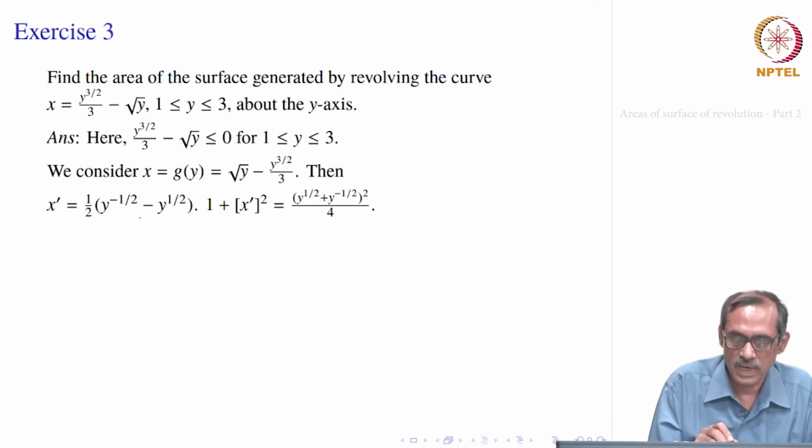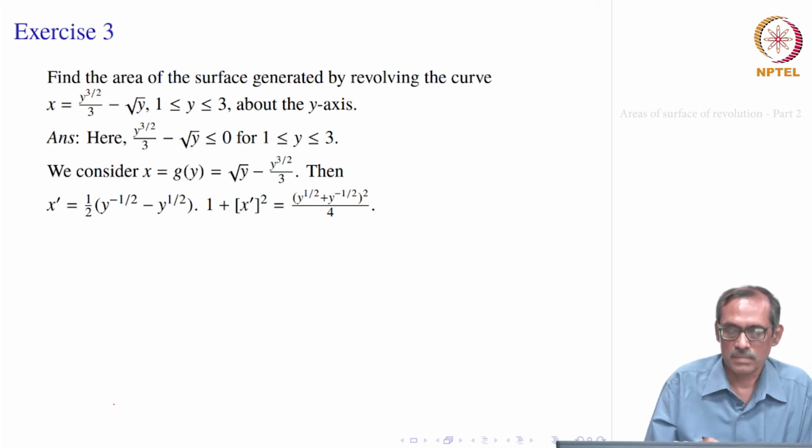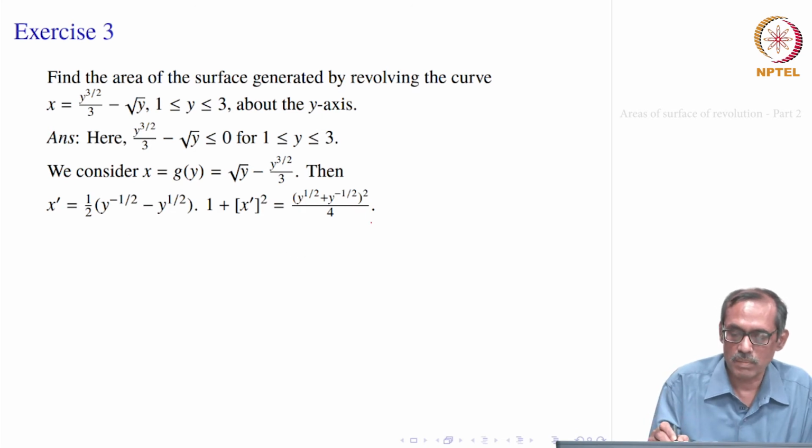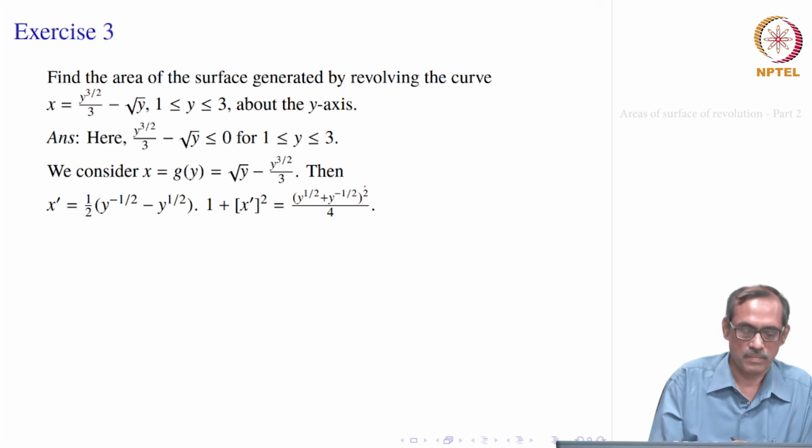Now, if you differentiate, that gives you half times y to the power minus half, and y to the power 3 by 2 by 3 gives you y to the power half. So, 1 plus x prime square is the square of y to the power half plus y to the power minus half, divided by 4. It becomes plus now, because 1 plus is there, and we need the square root. So, we have expressed it as a square of something.